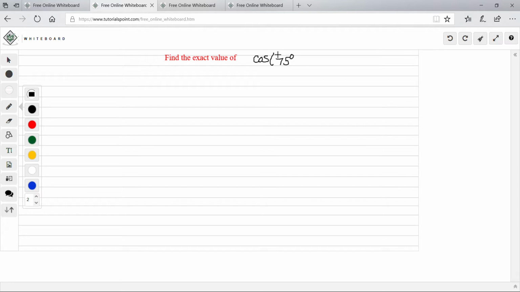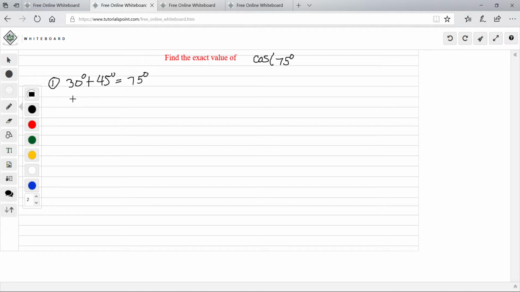First I'm going to pick two angles that add up to 75 degrees. What are two angles on our unit circle that, when added, give you 75? We could use 30 and 45 degrees, because when you add those two you get 75 degrees.